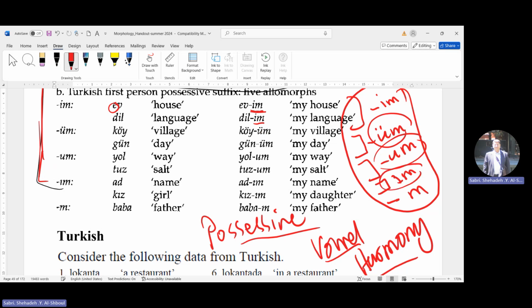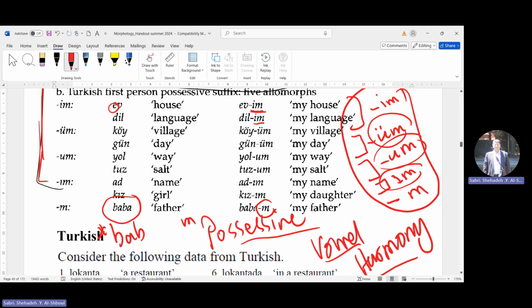And finally, we notice that it is a vowel-final word. So actually, the vowel is deleted, and we have only the m, because baba with the vowel harmony would give two vowels, and this is illegal. So in order to get rid of this problem, we just delete the vowel, so it becomes babam, like this.